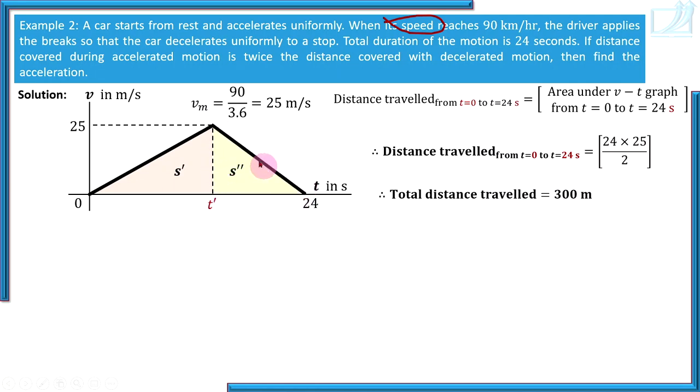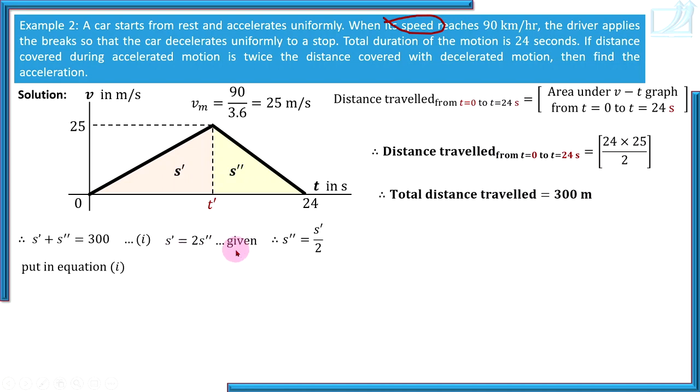Total distance travelled is 300 meters. Therefore S dash plus S double dash is equal to 300 meters. And also we have one more piece of information in the problem, that distance covered during accelerated motion is twice the distance covered during decelerated motion. So S dash is twice S double dash. So this is the second equation.